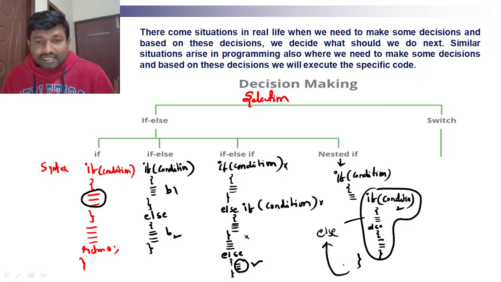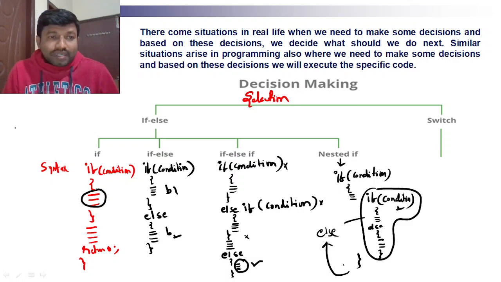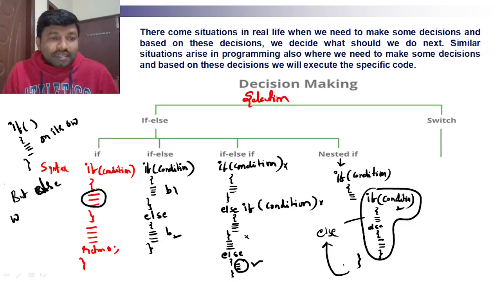By looking at this general syntax of the selection or decision control statements, I want you to understand one thing. You can see if statement can exist on its own, but else will not exist without if.